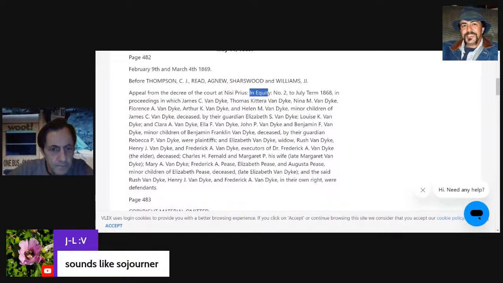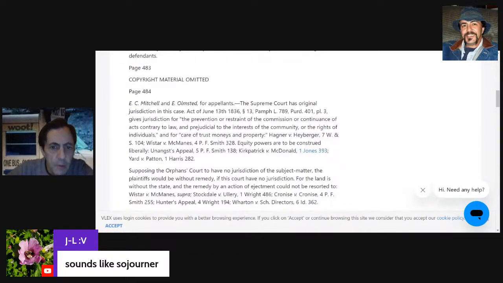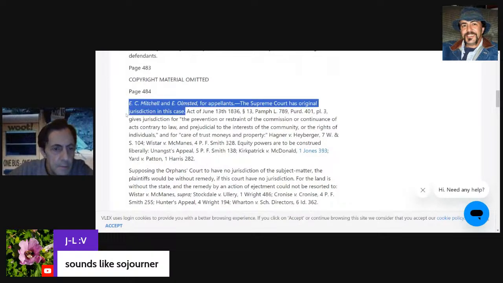In equity. The Supreme Court has original jurisdiction in this case. Remember Form AO430? I'll bring that up here in a minute.